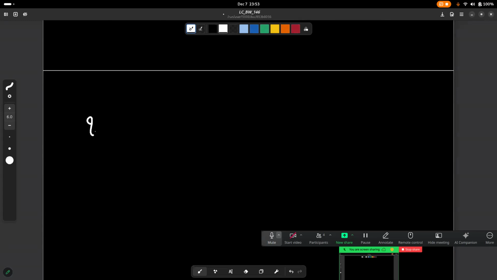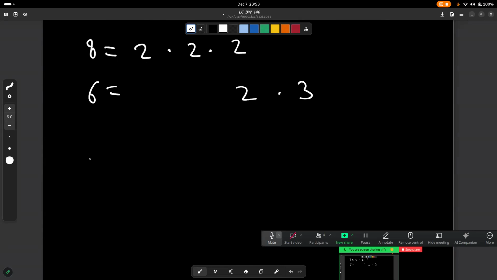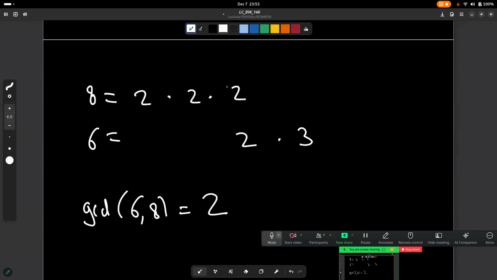Let's illustrate it. So consider this: 8 is 2 into 2 into 2, and 6 is 2 into 3. Now, what is the greatest common divisor of 6 and 8? GCD of 6 and 8 is 2. 2 is the maximum number that can divide both 6 and 8.